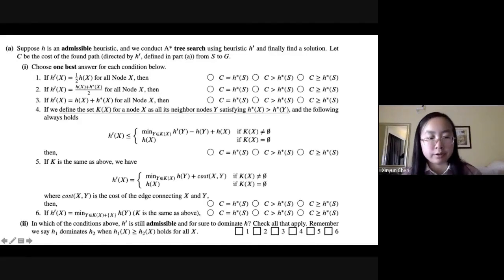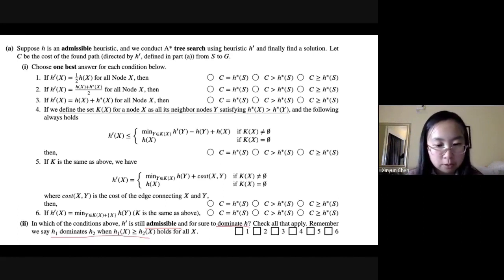Okay, so after going through all these 6 heuristics in problem II, it is asking which heuristic is both admissible and dominant over h. Here dominates means that h prime is always not smaller than h for all the possible nodes.